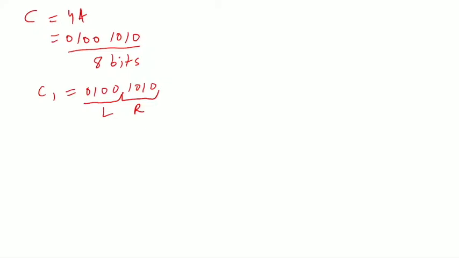So let's process this block in 3 rounds. We take the right half, pass it through the round function, and use 1, 1, 1, 1 as the first round key, which is actually the last round key for encryption.